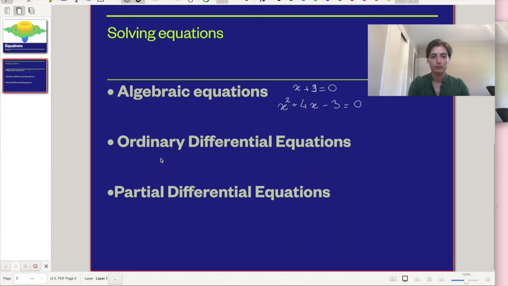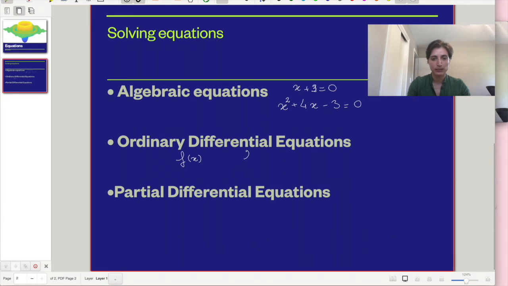So let's have a look, for example, at the function f that takes values x, and I want it to satisfy some given restrictions. I will formulate the restrictions as restrictions on its derivatives.